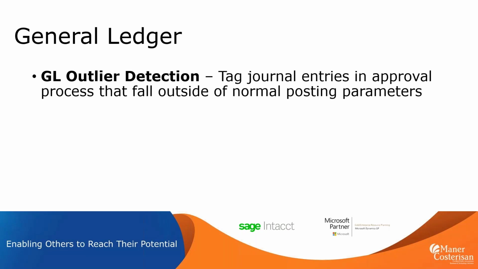When staffers or other people in your organization submit journal entries for approval, it goes to the approver, and over time the approver is going to say, I approve of this, I decline this.